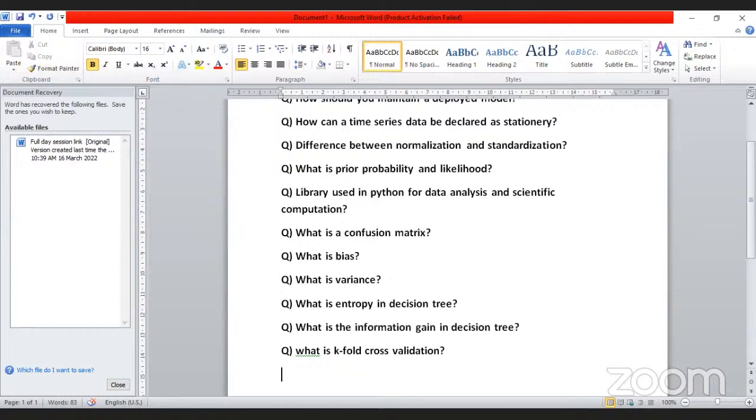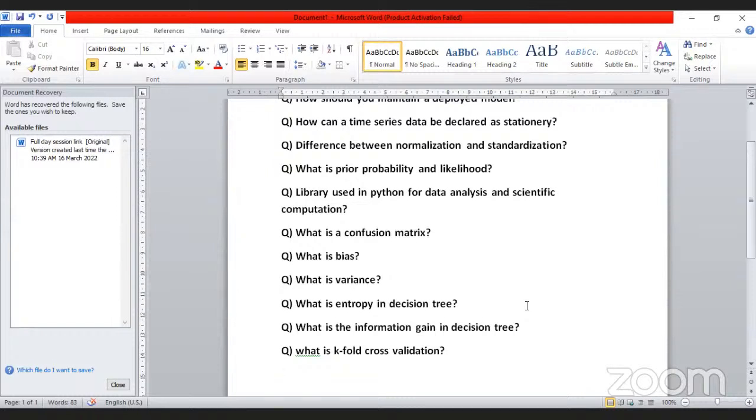In k-fold cross validation, we divide the data set into k equal parts. After this, we loop over the entire data set k times.